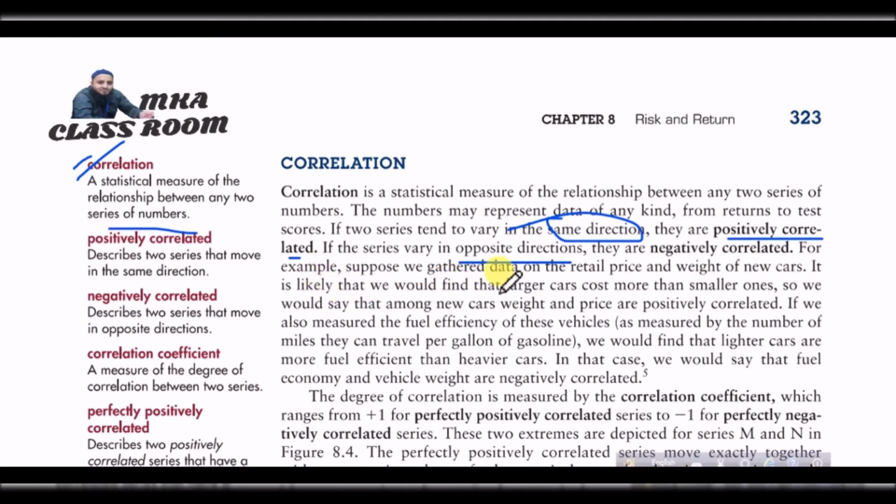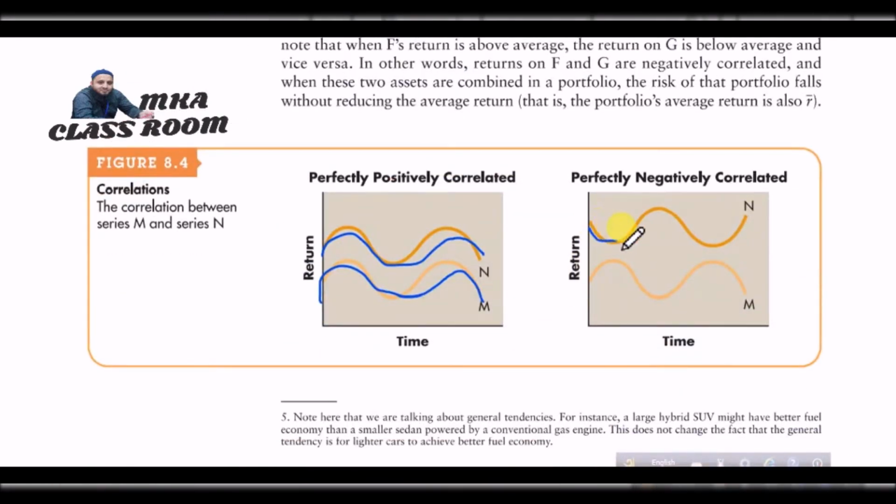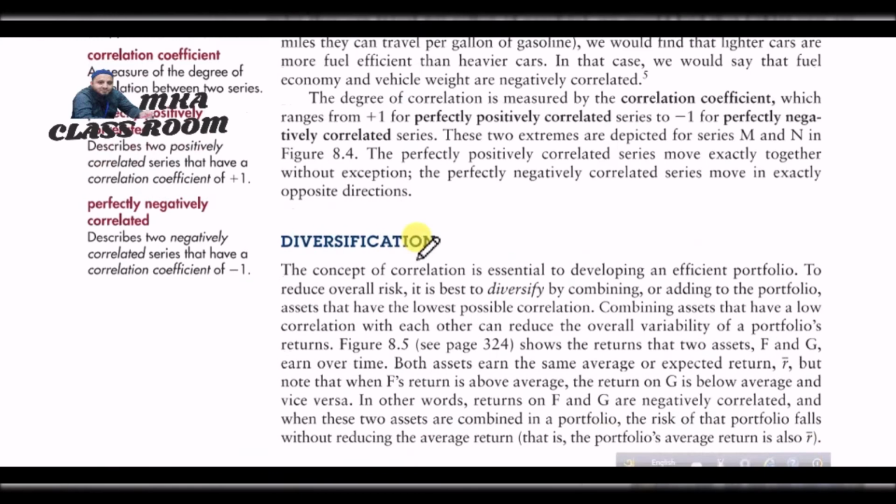So here we see asset N goes in this way and asset M goes opposite to this way. So that is perfectly negatively correlated, and this is perfectly positively correlated.